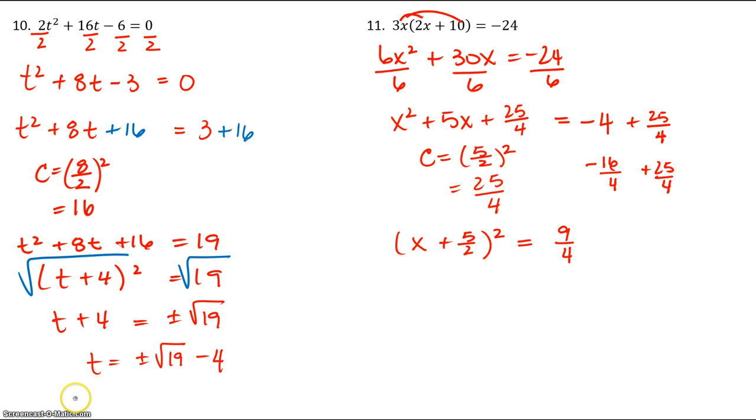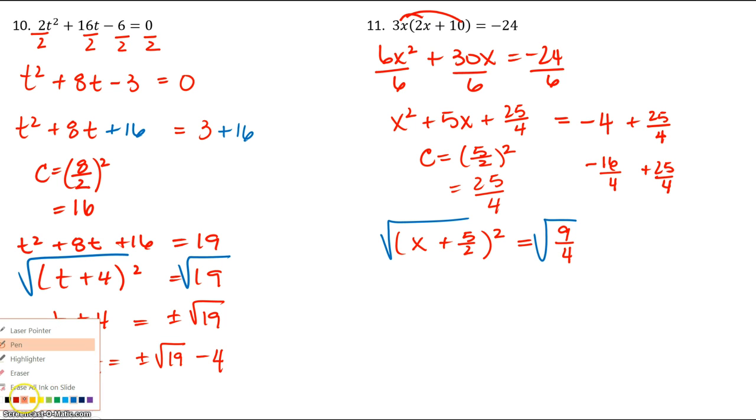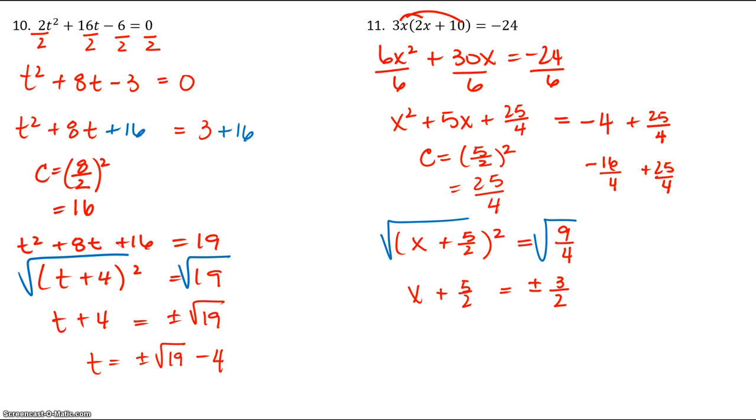And now we can square root both sides. And 9 over 4 turns out nicely. That gives us x plus 5 over 2 equals plus or minus 3 over 2. And so x equals plus or minus 3 halves minus 5 halves.